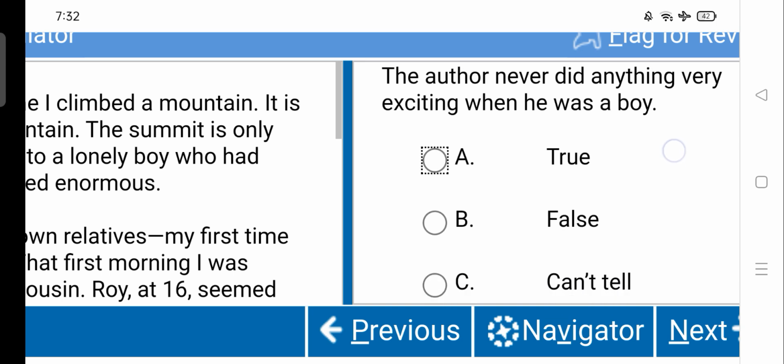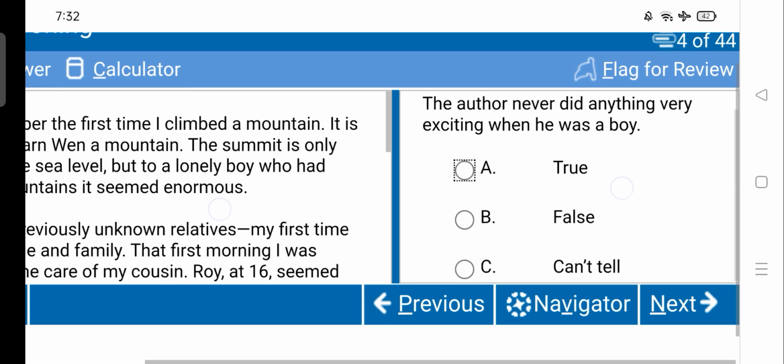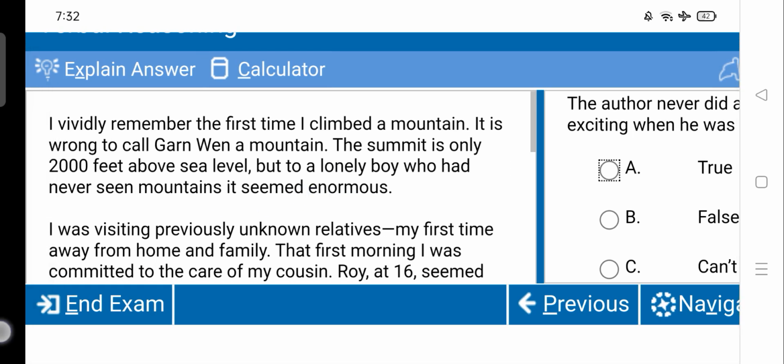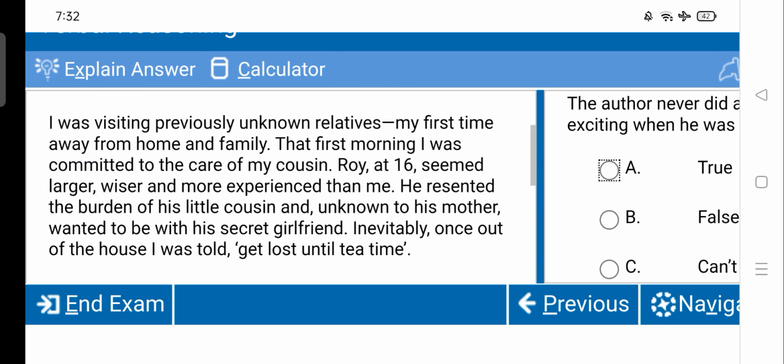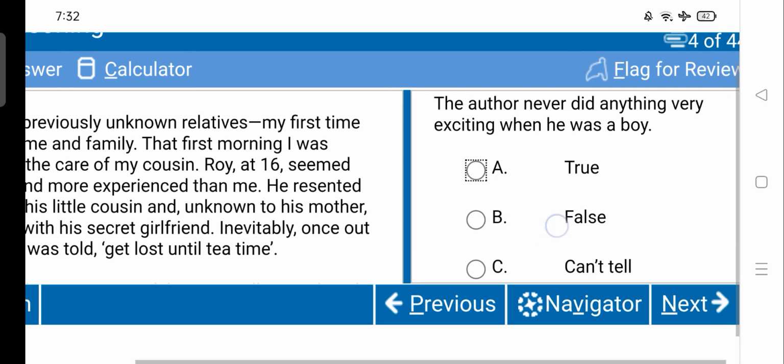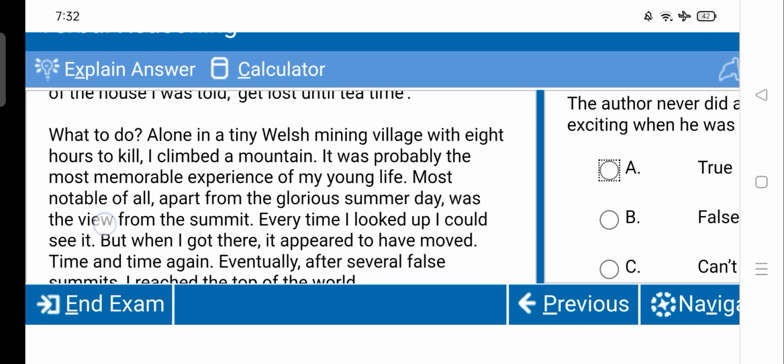Option C, can't tell. Now you can see we have the same passages if you wanted to read. You can take a look at these passages once again, and then you can choose your keywords to find out your answers.